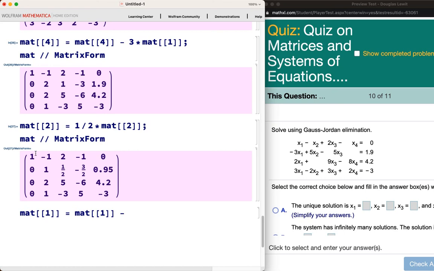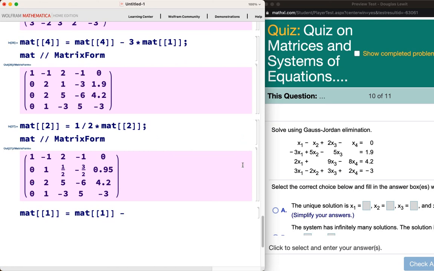So this won't change, guys. This is still going to be 1. Why? Because 1 minus 0 is still going to be 1. So that number isn't going to change.